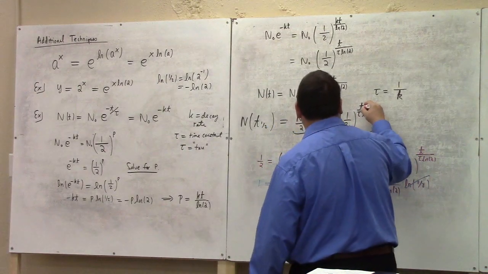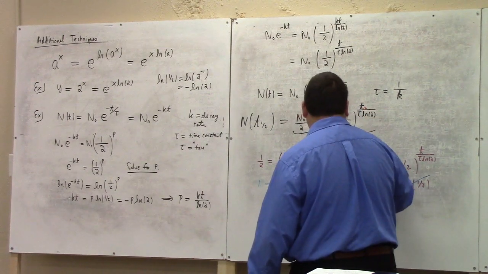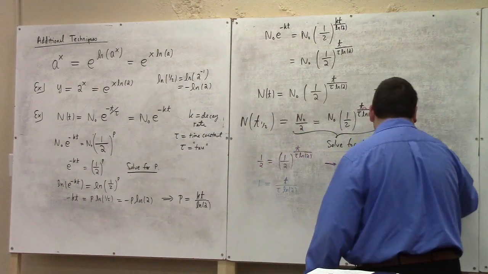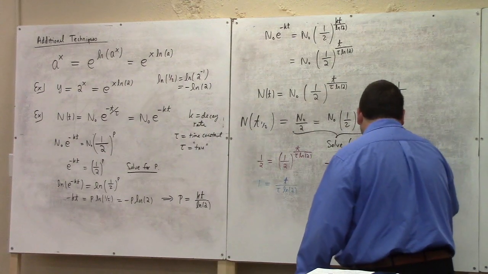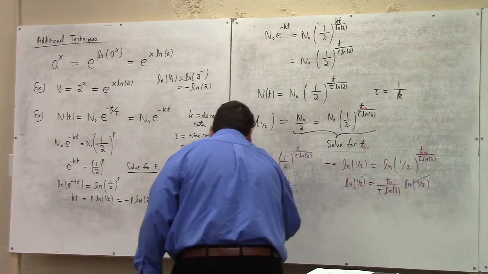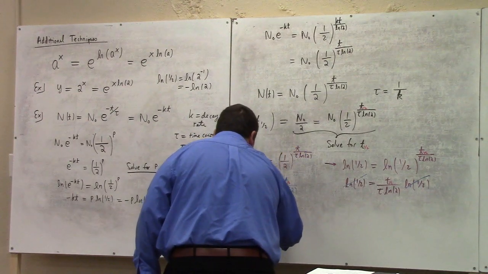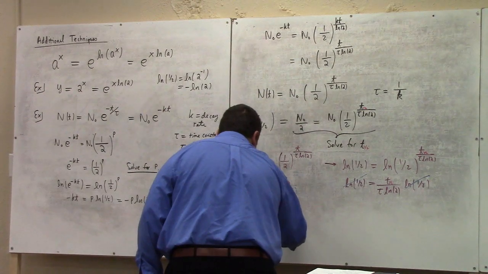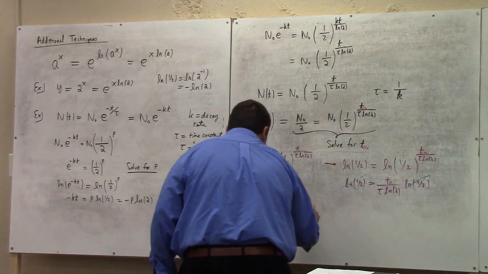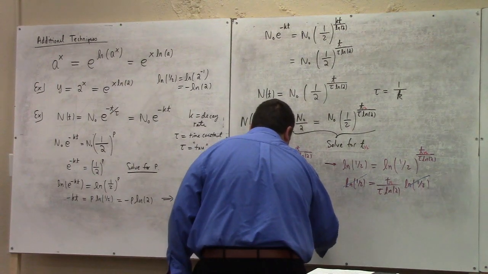It's kind of obnoxious, but this is the half time, I'll put them back in. So the half-life T1/2 is tau times the natural log of 2, or in terms of the decay constant, it's the natural log of 2 divided by k.